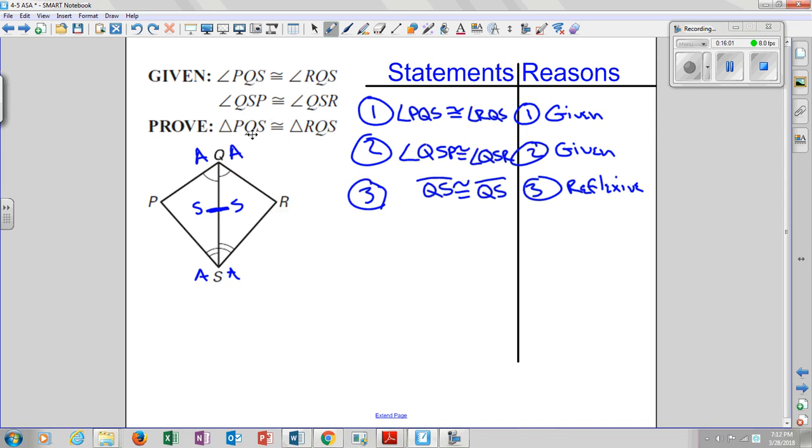So I can say that the triangles are congruent to each other. So step 4 would be triangle PQS is congruent to triangle RQS, and the reason is angle, side, angle. And that's all you need for your proof. They're congruent to each other by angle, side, angle.